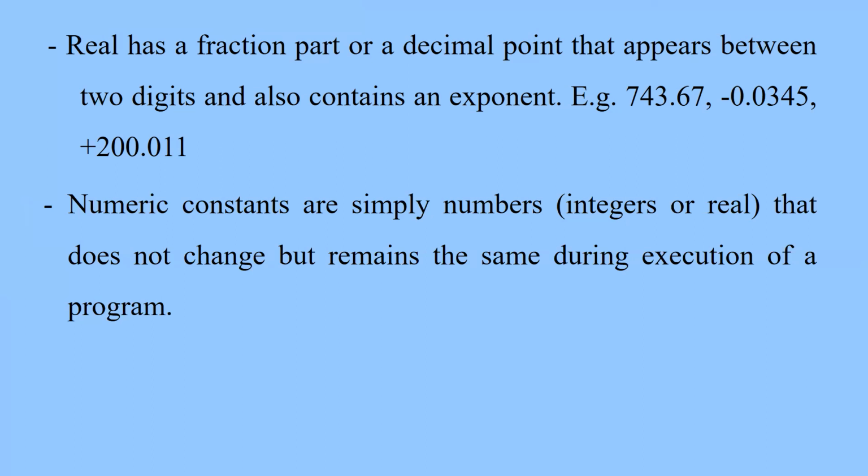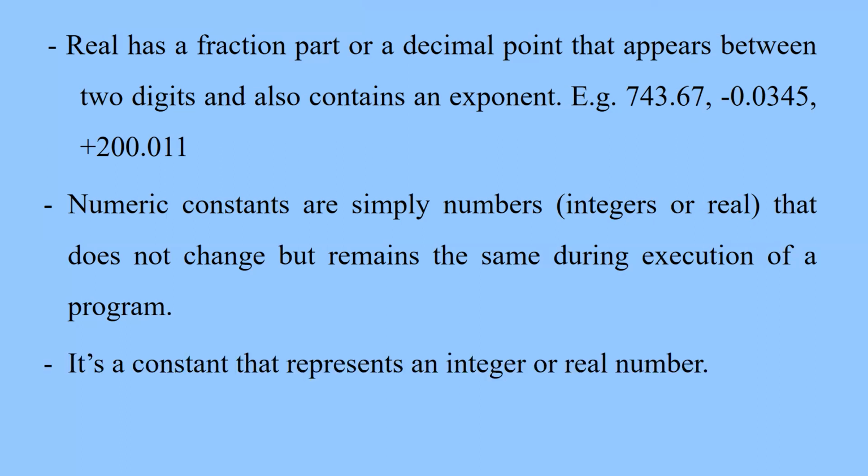For example, if you are calculating the areas and perimeters of circles, we normally have what we call pi, which is usually 3.14. And that value does not change. It remains that way throughout the execution of the program. Therefore, that becomes a numeric constant. A numeric constant is a constant that represents an integer or real number.